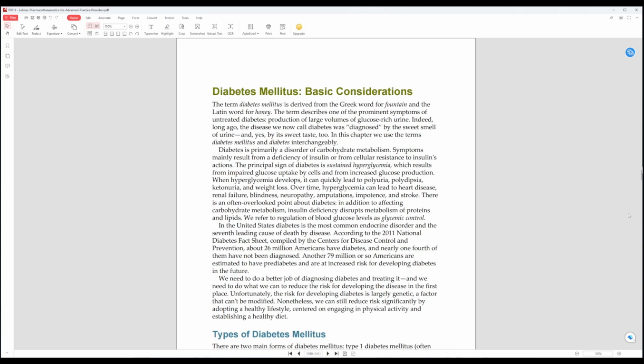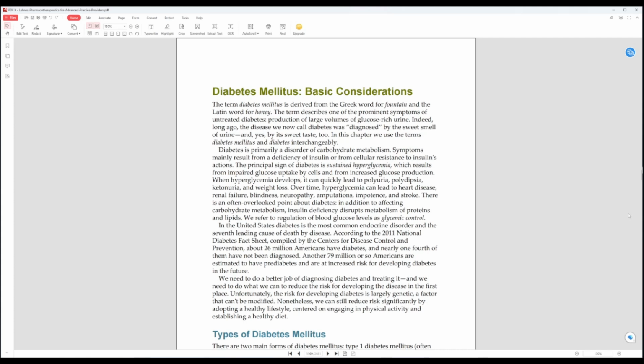The principal sign of diabetes is sustained hyperglycemia, which results from impaired glucose uptake by cells and from increased glucose production. When hyperglycemia develops, it can quickly lead to polyuria, polydipsia, ketonuria, and weight loss. Over time, hyperglycemia can lead to heart disease, renal failure, blindness, neuropathy, amputations, impotence, and even strokes.